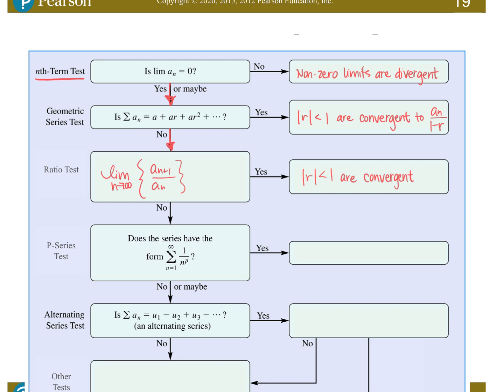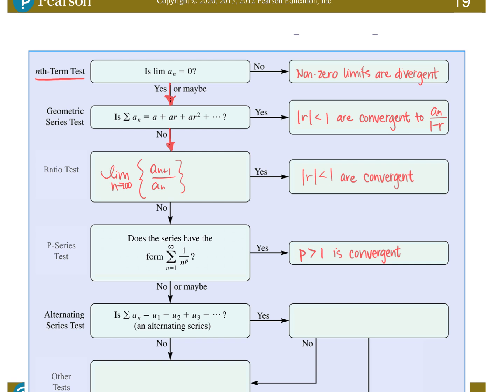So then we move on to the more recent test that we've just picked up, the p-series test, which is of the form 1 over n to the p. That is going to be dependent on the value of p itself. If p is greater than 1, then we have convergence, as opposed to p being less than or equal to 1.